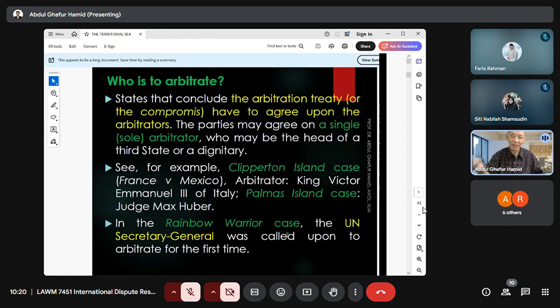And he may be the head of a state, head of a third state, or a very respectable person, a dignitary. I'll give a few examples, three very famous arbitration cases. Number one is the Clipperton Island case, a territorial dispute. Who can exercise sovereignty over Clipperton Island? France versus Mexico.